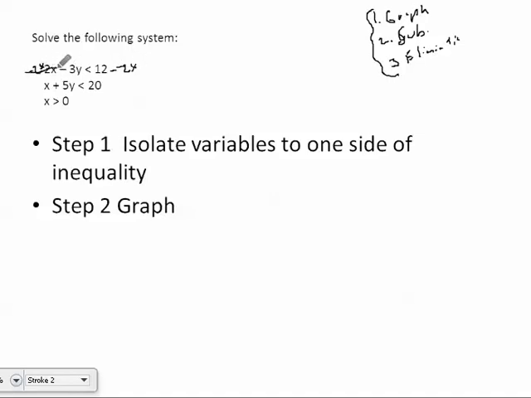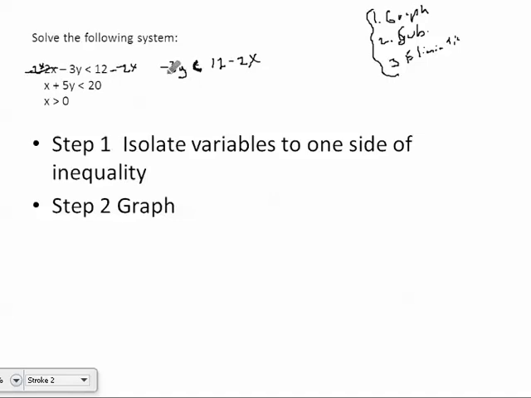That means that'll cancel out there, and I'll be left with negative 3y is less than, make sure you get the sign right, 12 minus 2x.